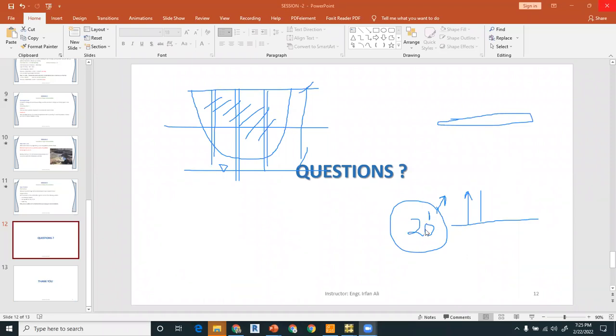But if the water table is at or less than 20 feet, then you have to go for the piles, right? There are some formulas and equations which can be used to calculate the pressure bulb. If the water table is below the pressure bulb, then you are on the safe side. But if the water table is inside the pressure bulb, then you have to design it for the piles as well.